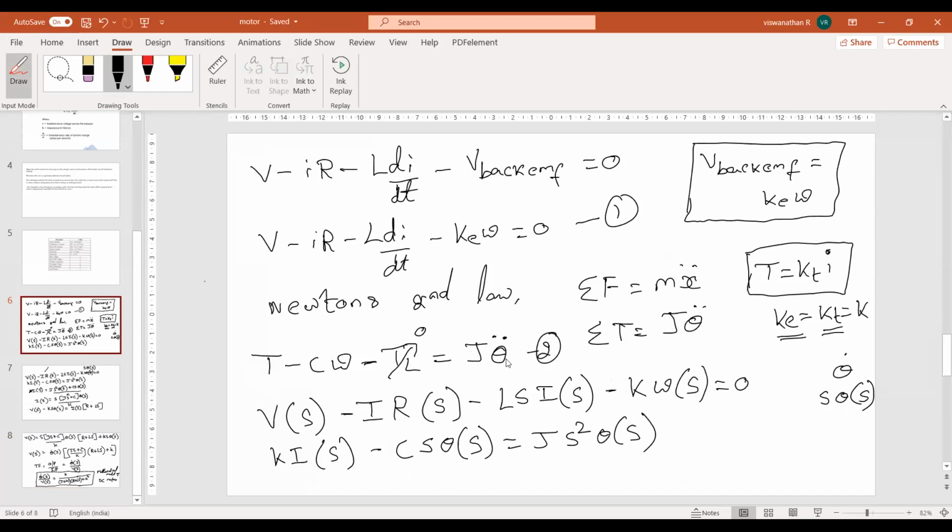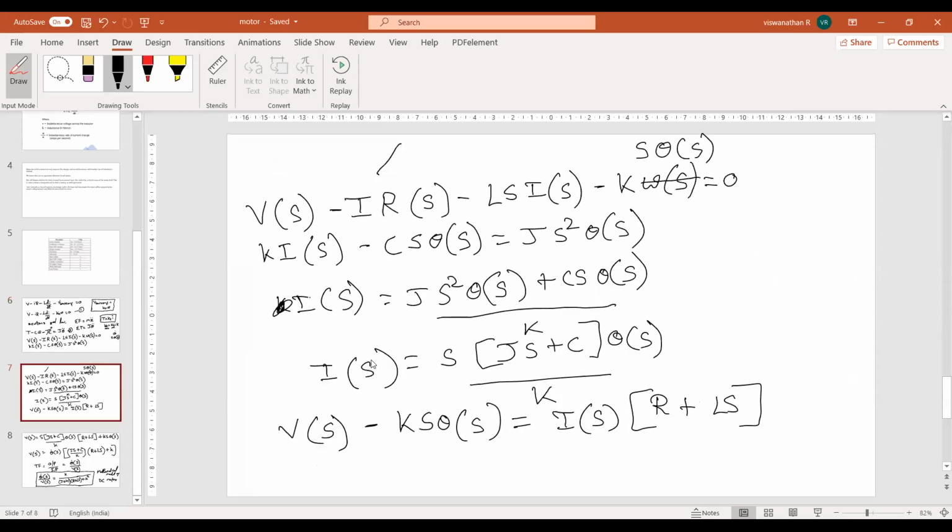We said the back EMF is equal to K into omega, torque is equal to KT into I, and KE is equal to KT, which is equal to K. Then instead of the time domain, we converted both equations to the Laplace domain, the s domain, and found I of s from one equation.